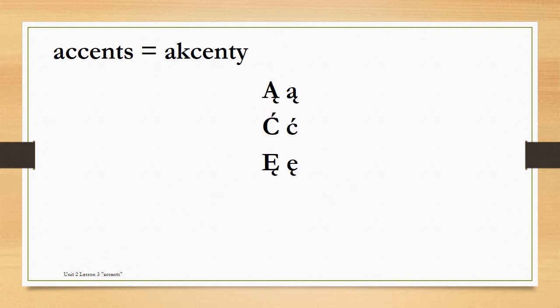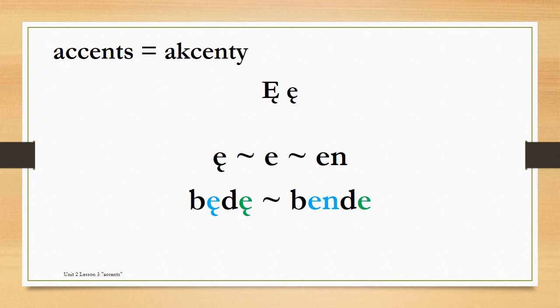Next one is ę. So with the little hook on the bottom. So the same hook as you can see in ą. And ę, sometimes we pronounce as e, sometimes we do pronounce it as e plus n. And a good example for this is the word będę, which means I will be.